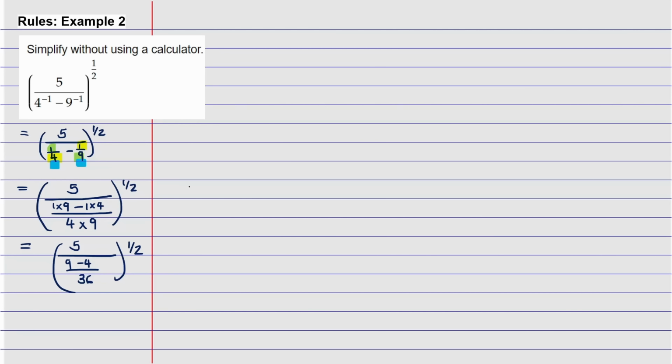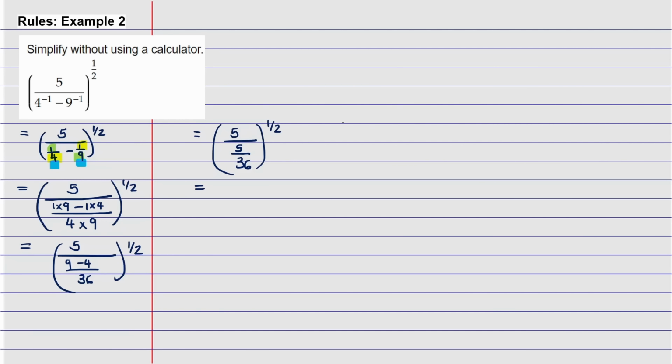So with that said, I'm just going to continue here. 9 minus 4 is the same as 5. So it's going to be 5 divided by 5 divided by 36, right? This whole thing is going to be to the power 1 over 2.